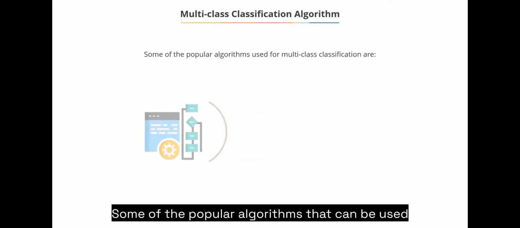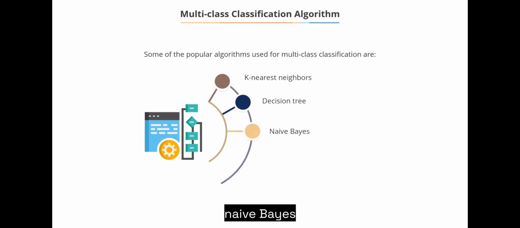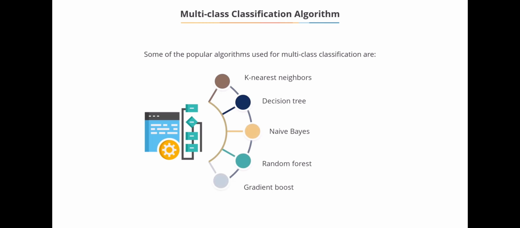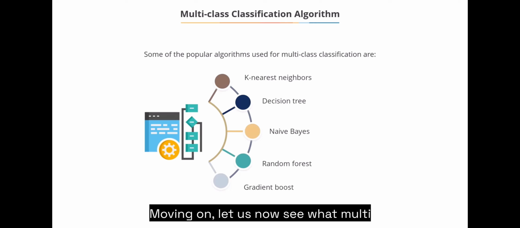Some of the popular algorithms that can be used for multi-class classification include k-nearest neighbors, decision trees, naive Bayes, random forest, and gradient boosting. Again, a detailed discussion of these algorithms will be done later in this lesson. Moving on, let us now see what multi-label classification is.